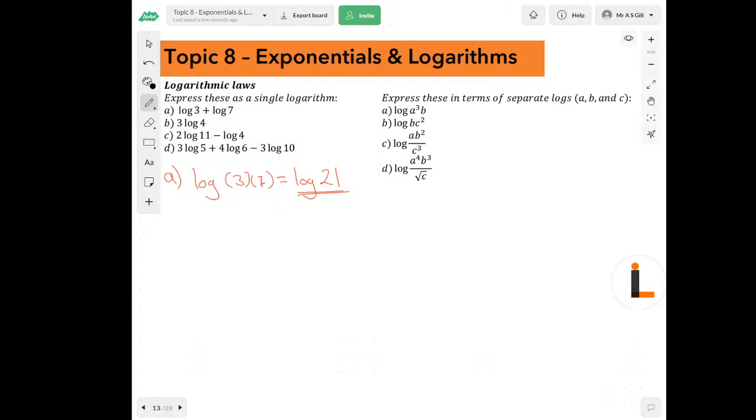I'm just showing you explicitly what's involved and how we get that 21 and how we're combining those logs using the laws that we discussed earlier. So I'm just going to start writing up these answers for the left hand side.